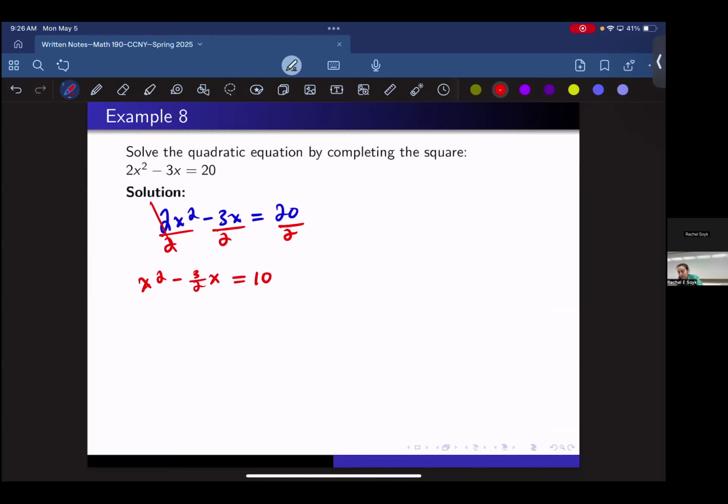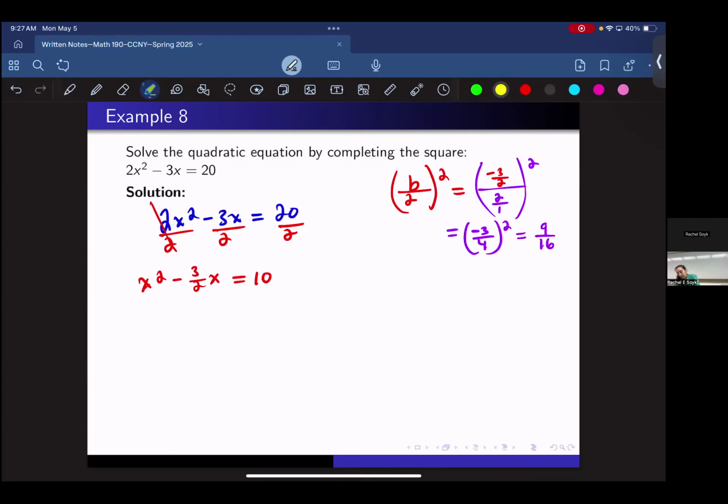Now let's utilize our special key, b over 2 in parentheses squared, which is our negative 3 over 2, all over 2, which is 2 over 1, in parentheses squared. Keep, change, flip, and we get negative 3 over 4 in parentheses squared, which is just 9 over 16. This is what we're adding to both sides.